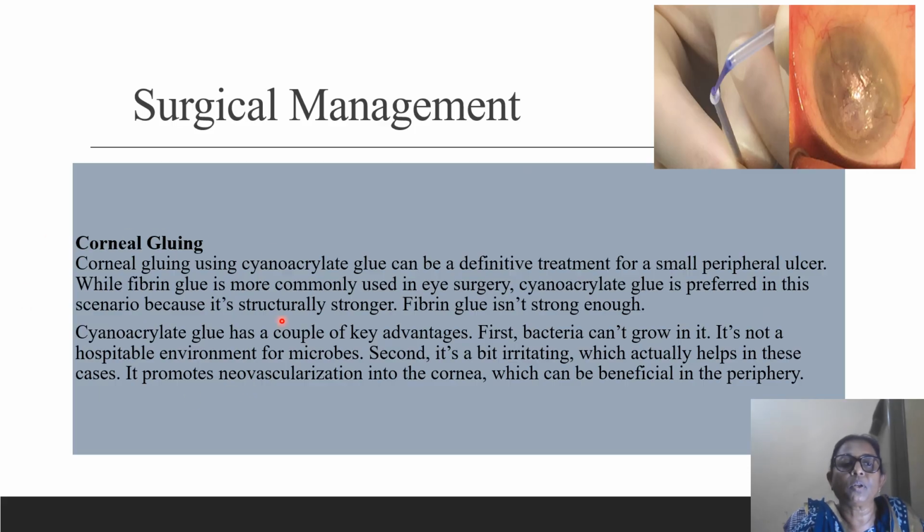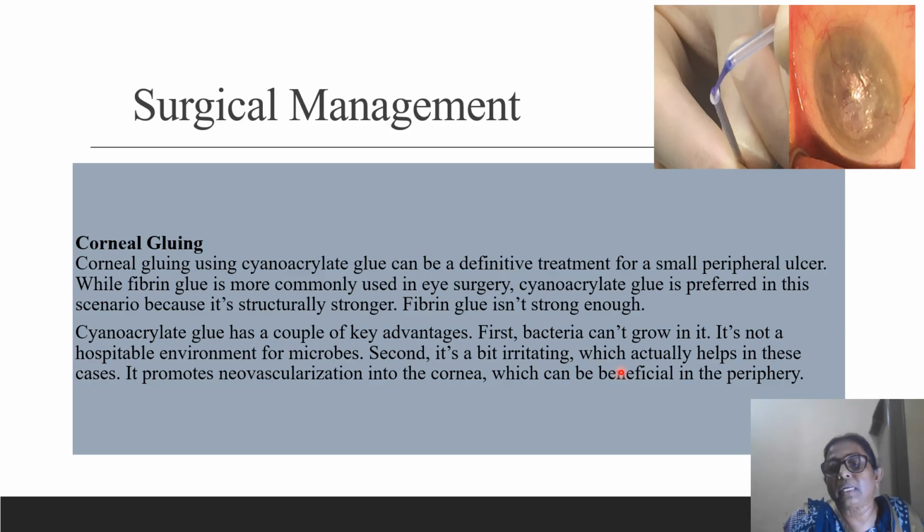Surgical management: you can use corneal gluing. It's one treatment where you are using cyanoacrylate glue or fibrin glue, but cyanoacrylate glue is performed more because it has advantages. First, bacteria cannot grow in it and it's not a hospitable environment for microbes.